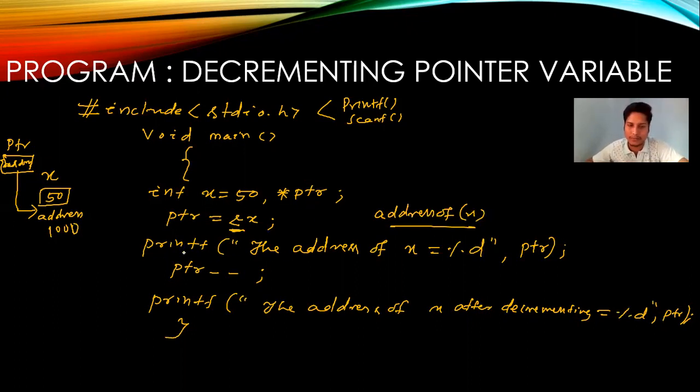So when in the first printf statement, I print the address of x, it will display the original address of x. But after decrementing that pointer variable, I will get the decremented address of this pointer ptr.